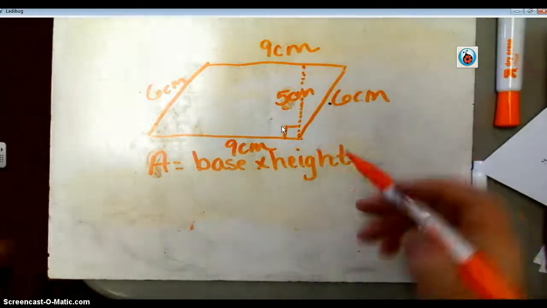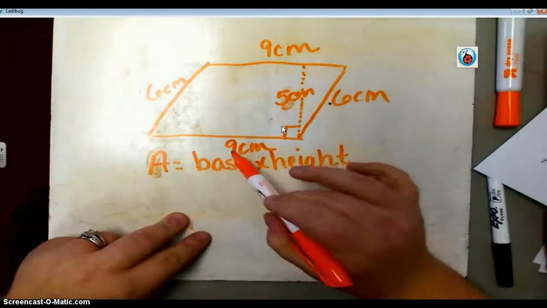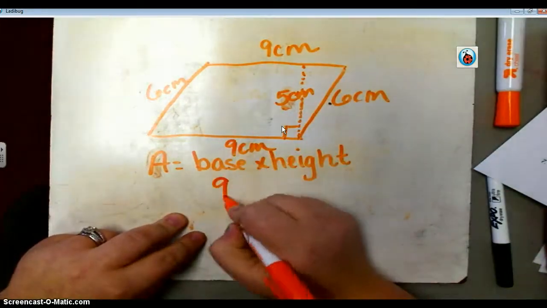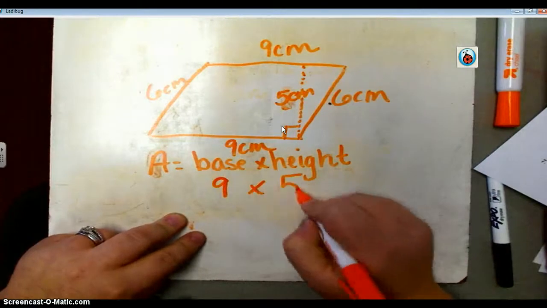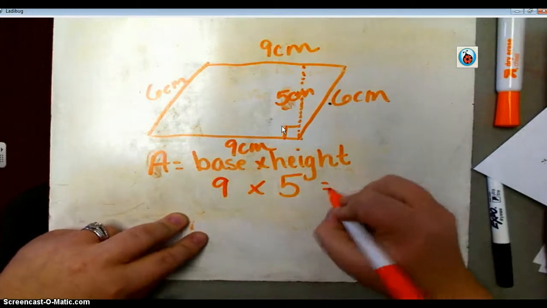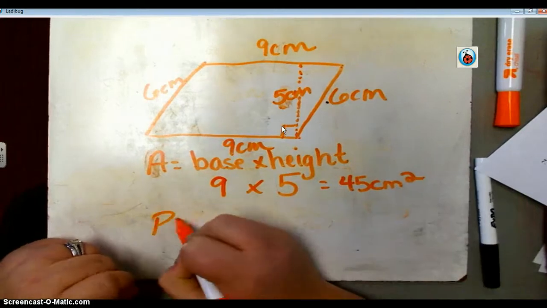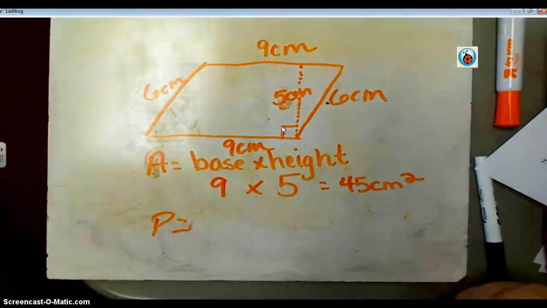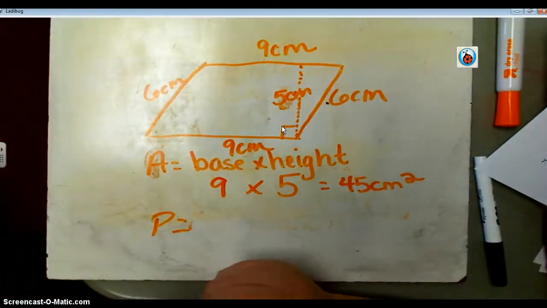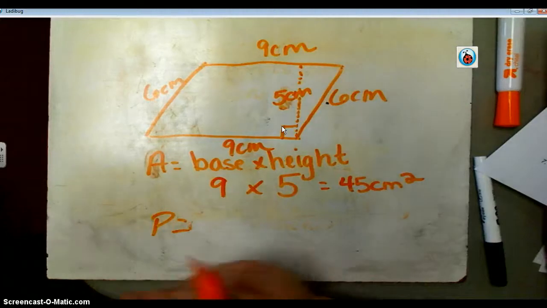My formula tells me I have to take the base times the height. So 9 is my base, 5 is my height, giving me 45 centimeters squared. Very quickly, tell me the perimeter. Very quickly, without talking, tell me the perimeter.